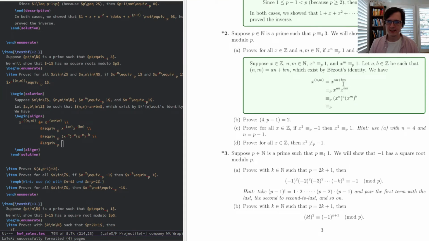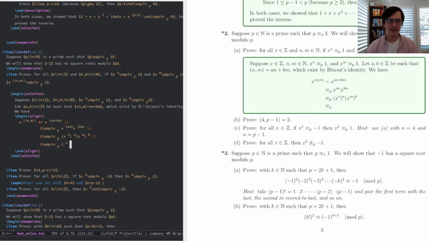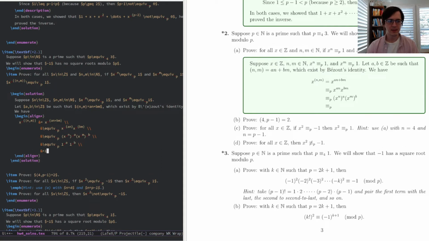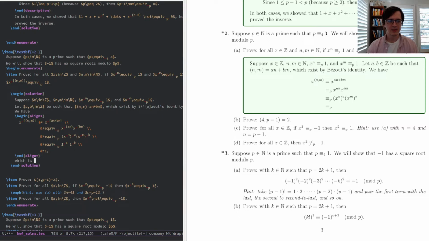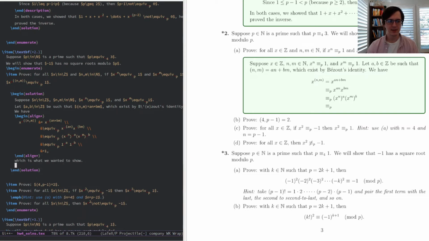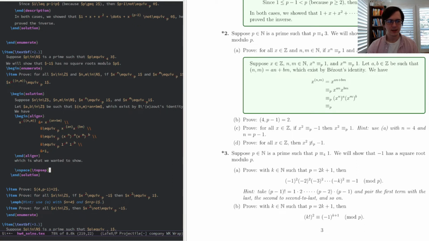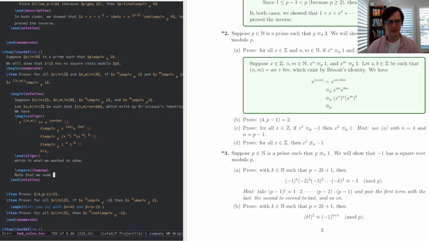So we used Bezout's identity, used exponentiation laws, and then by hypothesis, x to the n is 1, and x to the m is 1, and that is 1, which is what we wanted to show. So we use some exponentiation laws. Exponentiation laws involving negative exponents.